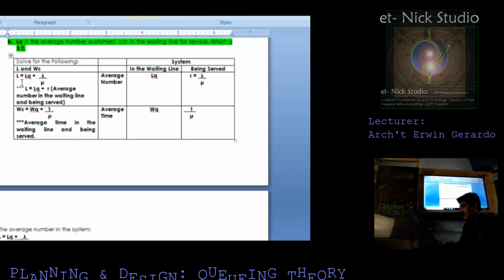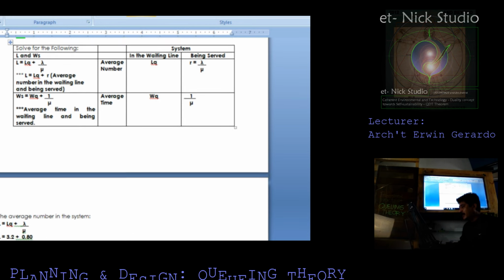While for L, if you look at the table, this is LQ plus the rate formula. So hope that you were able to understand the formula here.